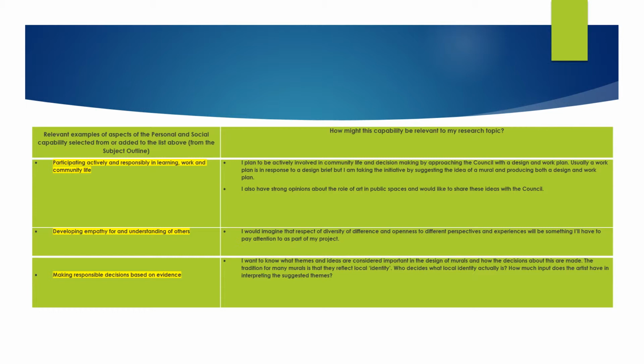So there is that idea of community life in the council, and she is going to use strong opinions and have ideas that she shares, and there's a real sense of using it. So it's really clear, there's no ambiguity there. It's not I'm going to read some stuff and feel better. It's actually that there's a real action happening, and that's what we want to see in your capability journals and planning.